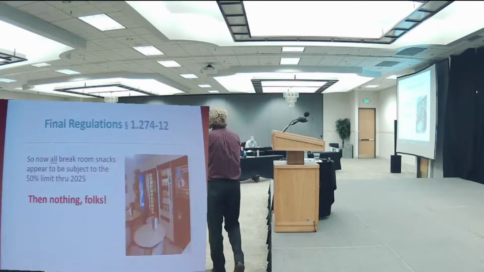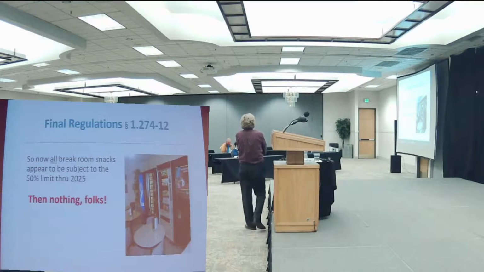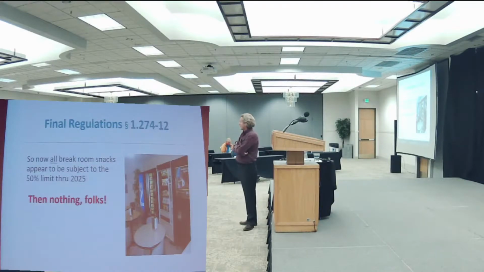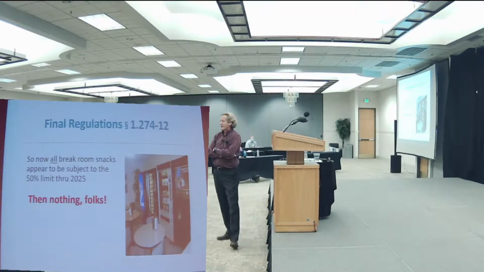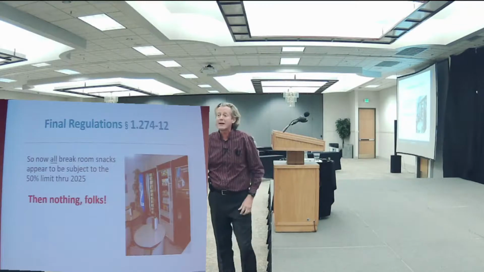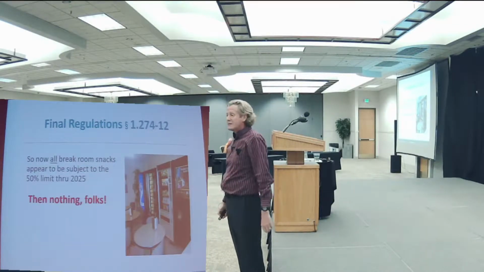Oh, crap. And so now all break room snacks, I don't know what kind of a smorgasbord you guys have with bottled water and pop and munchies and Skittles and all of the rest. I mean, in a lot of firms, particularly during busy season, man, that is a junk food and grazing orgy, isn't it? Why? Because we got to keep people fed and watered and their energy level up, right?